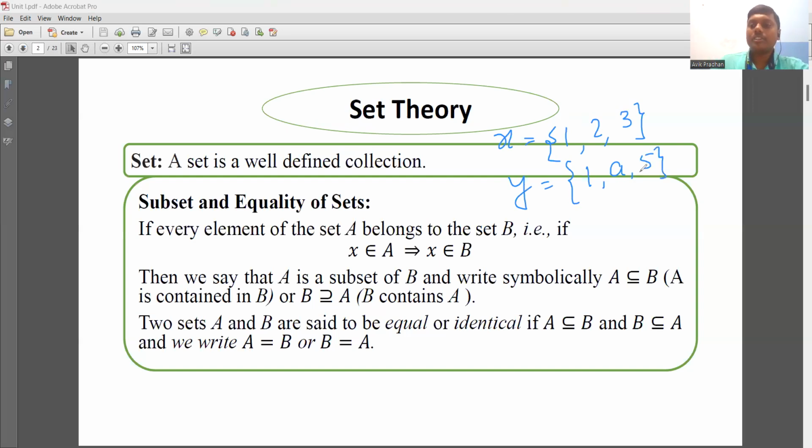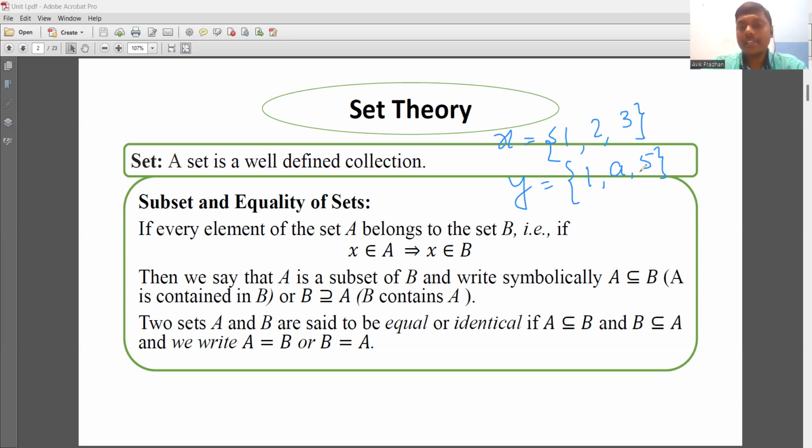Now in the first, X, we have 3 elements. Each component of the collection is called an element of the set. So in the first collection we have 3 numbers, 1, 2, 3. They have the property that they represent natural numbers. So these are well-defined objects.